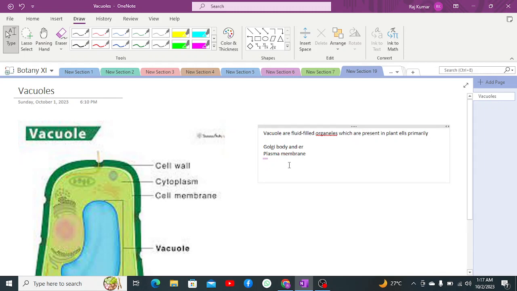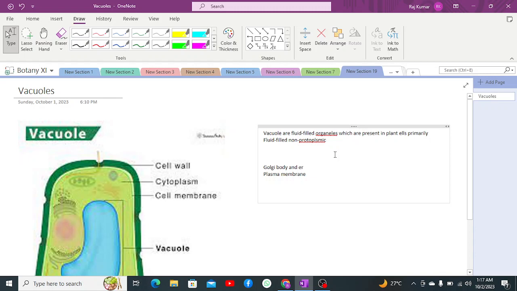So, vacuole is a fluid-filled organelle which is present in plant cells primarily. It contains non-protoplasmic fluid, which means that this fluid is non-living.